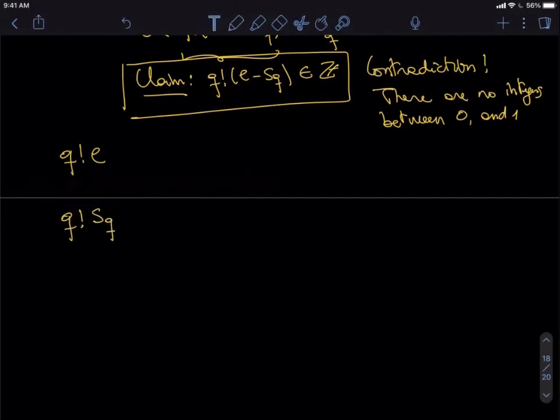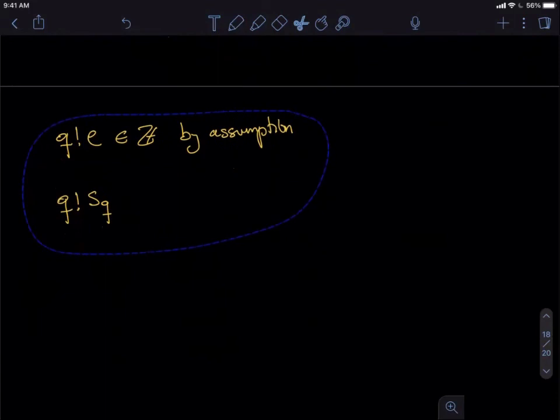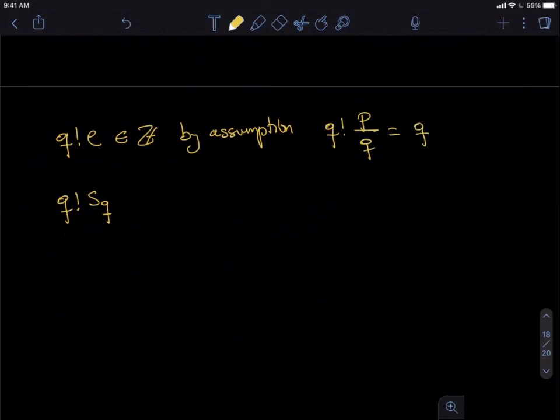Q factorial e is an integer because by assumption, e is equal to p over q, so we have q minus 1 factorial times p, which is an integer.